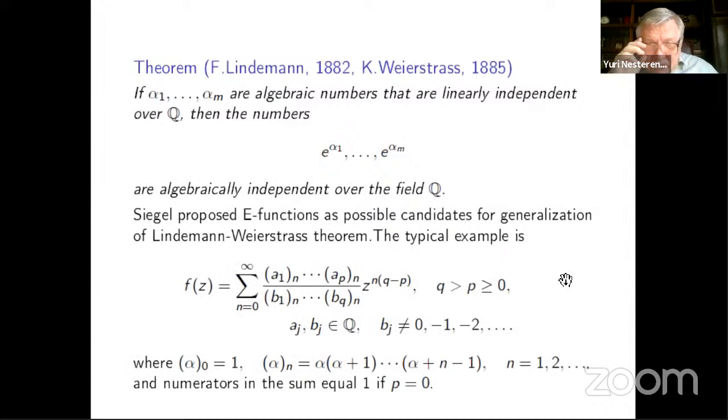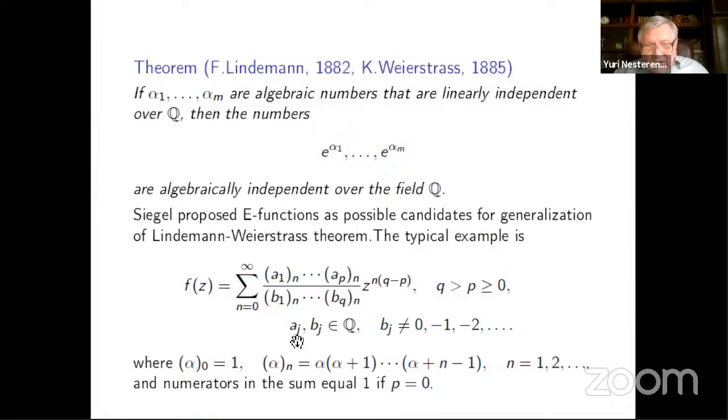The typical example of E functions are hypergeometric functions with rational parameters. So A and B are rational numbers. Of course, B is distinct from 0, -1, -2, and so on. This product is the Pochhammer symbol, the product of all numbers shifted by 1, starting from alpha, with n factors.